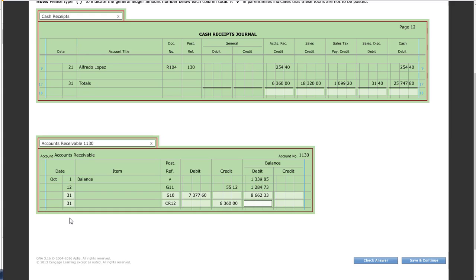That means I had customers pay this month $6,360 on account. Take my previous balance and subtract. Account number goes back up top.